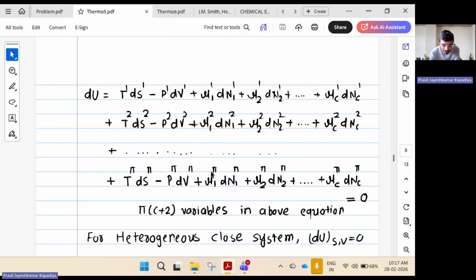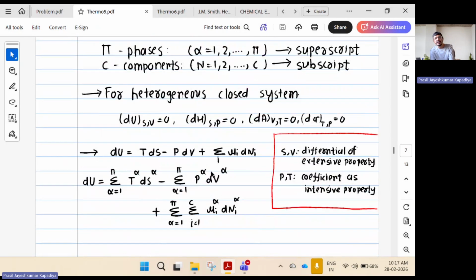Okay, now Gibbs derived this equation based on only this combination, where S and V are differentials of extensive properties. The differential is extensive properties and its coefficient is intensive properties. So Gibbs derived it for that combination only.